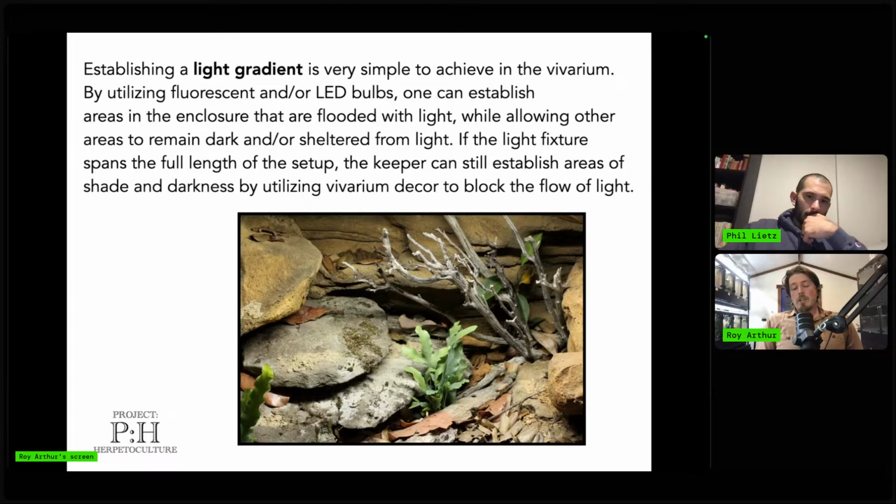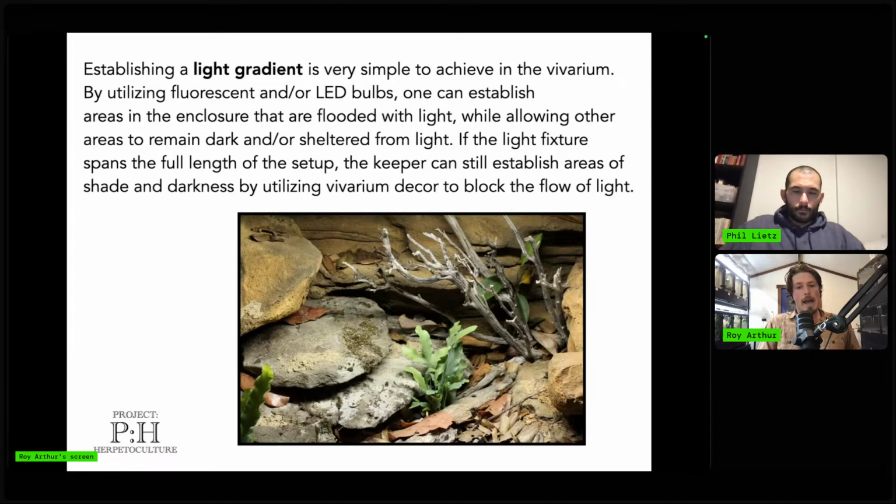The lights span the whole length of this enclosure, so it's not the same as having, say, a 2 foot LED in a 4 foot enclosure, where you're creating a lot of light on one half of that enclosure, and then the darkness is going to be opposite to that in the other section. In this case, I opted to create a really brightly lit enclosure, but create a lot of obstructions to that light to allow for shade.